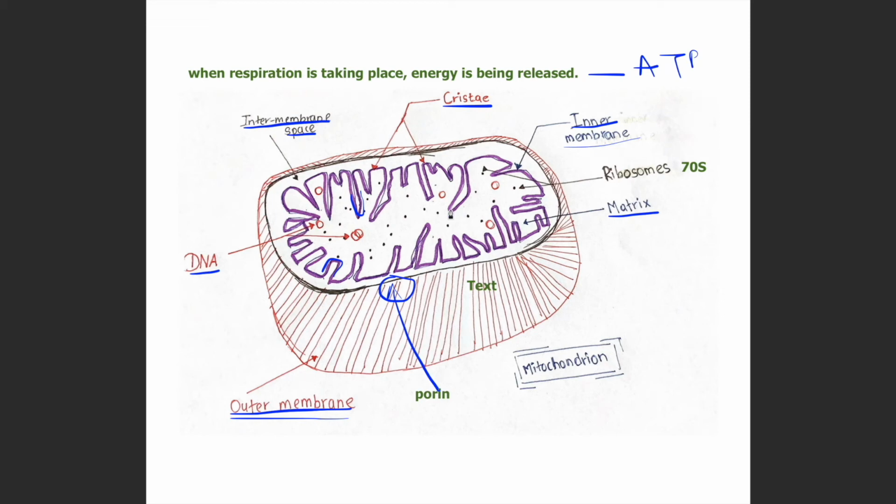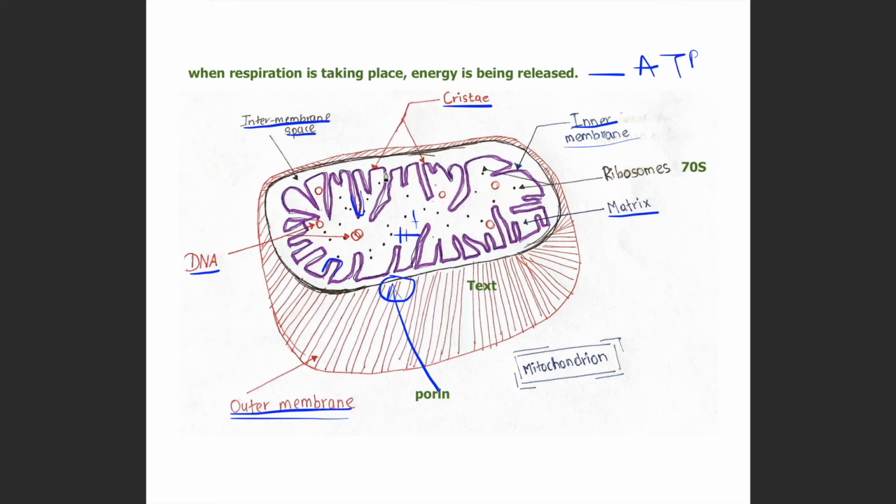Now, as we talked earlier, the matrix contains enzymes which help in the process of aerobic respiration. The enzymes in this matrix supply hydrogen ions and electrons.